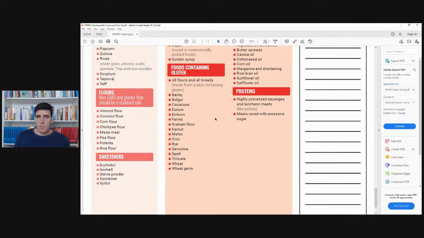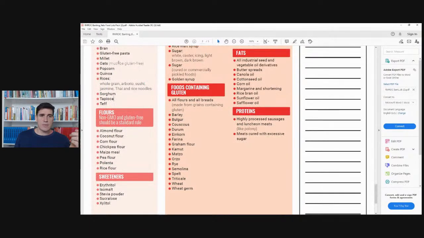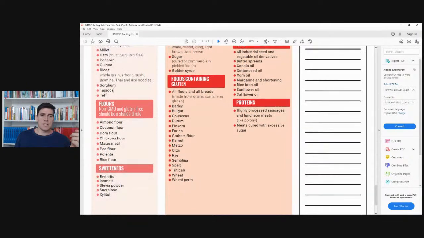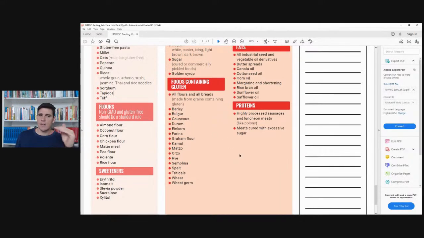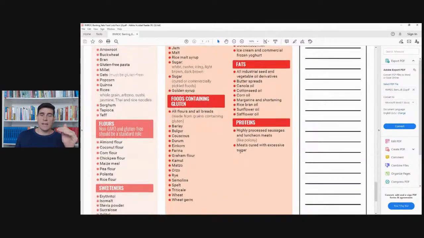That's still high in carbohydrate, and you should still avoid eating it, but that we put on our light red list. And unfortunately, you can't see it here, but oats would be sitting right underneath matzo and above orzo. So all grains, couscous, durum, bulgur, all the grains that contain gluten, they are red listed and they need to be avoided.